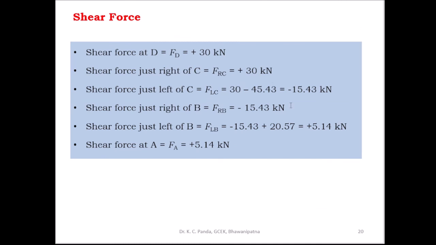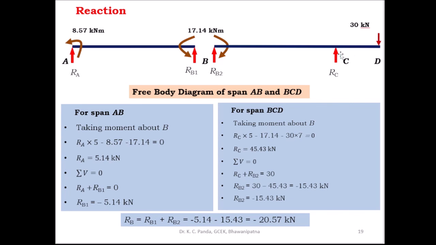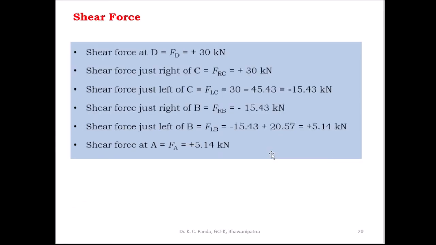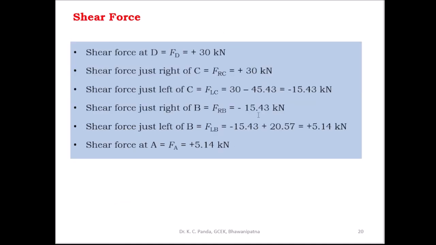Then shear force just left of C is 30 kilonewton minus RC, minus 45.43, that is equal to minus 15.43 kilonewton. Shear force just right of B remains constant at minus 15.43 kilonewton.